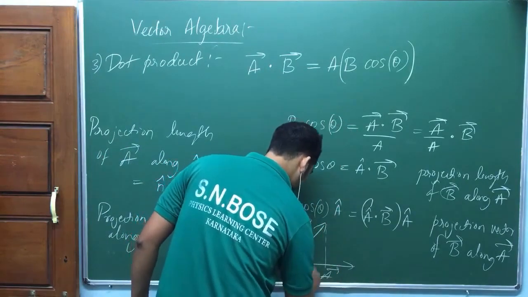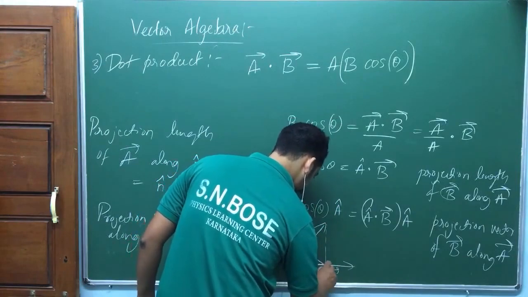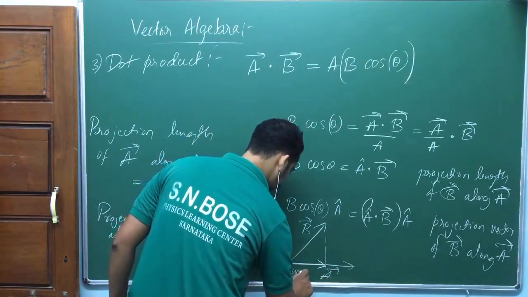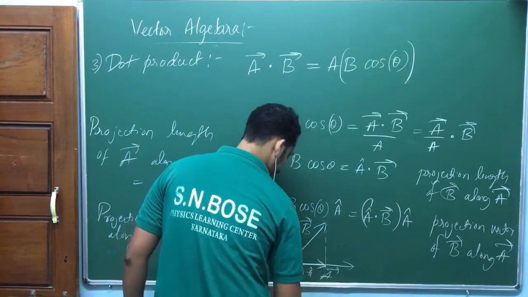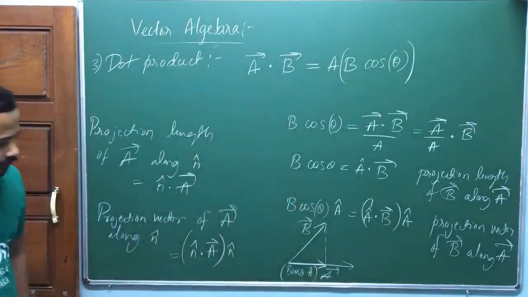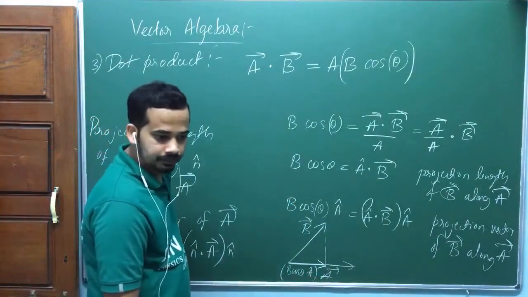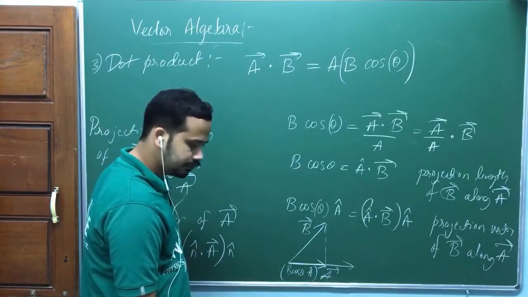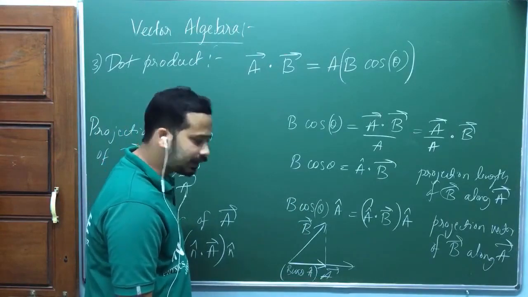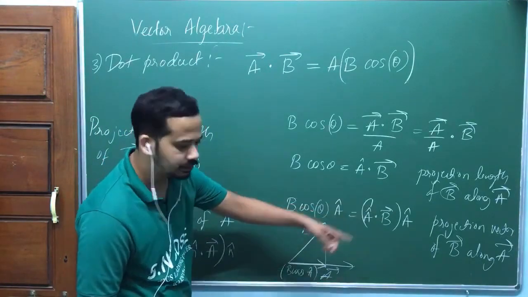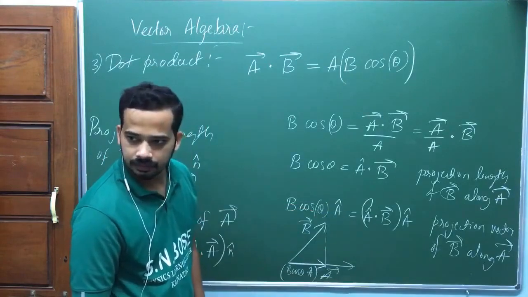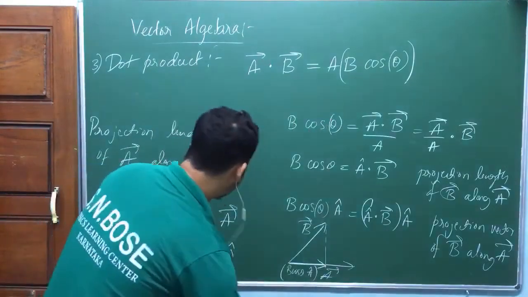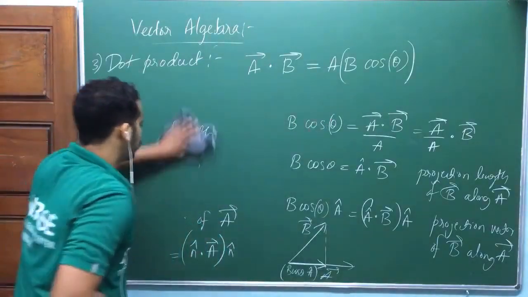I am talking about this vector: B cos theta into A cap. Is B cos theta A cap itself the projection vector or not, sir? Yeah, that is the projection vector. That's what I mentioned. Exactly. Again, we shall try to grab that idea, isn't it?